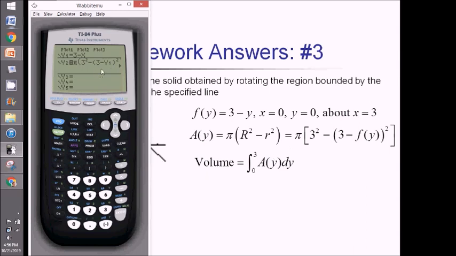So now I've got all of that in there, wrapped up in a neat little box, and I'm going to integrate it. So I've got math 9 going on, 0 to 3. And in here I'm going to do alpha trace y2 and dx, because I've expressed everything in terms of x. Enter. That's about 56.549.